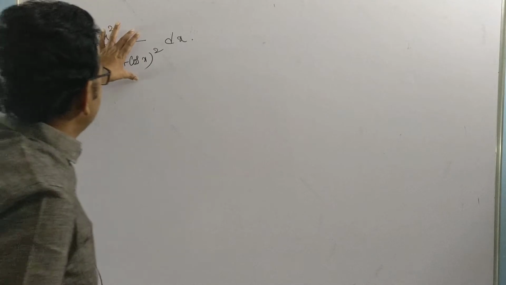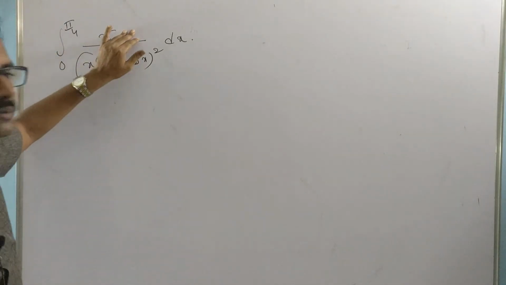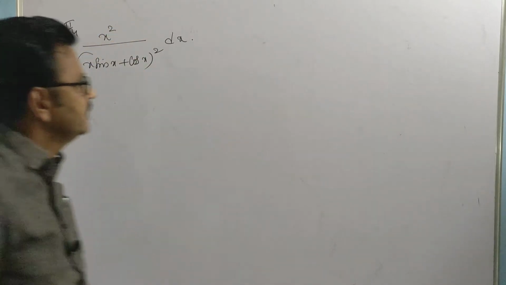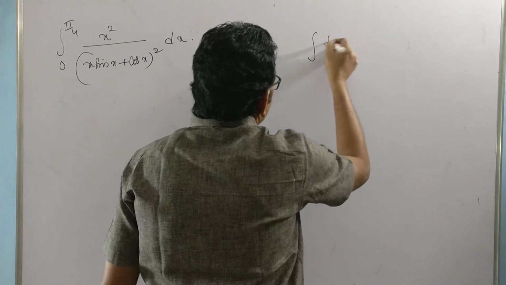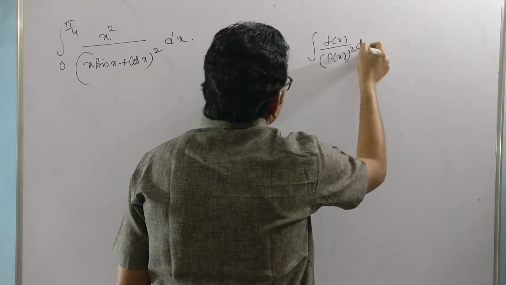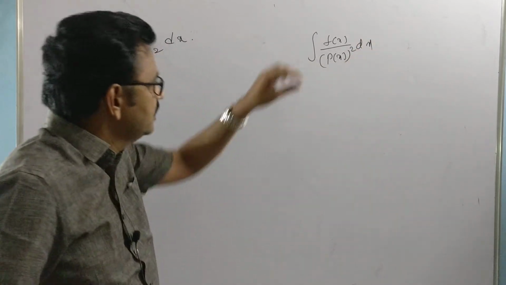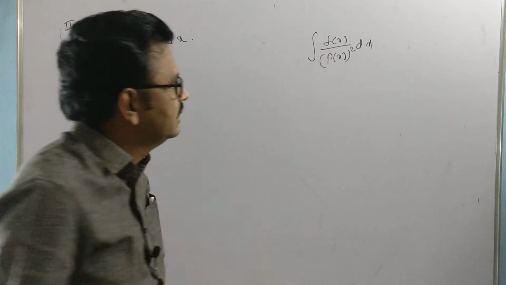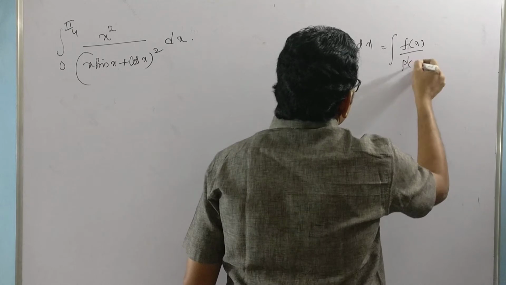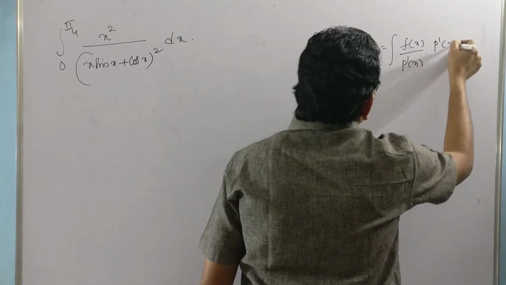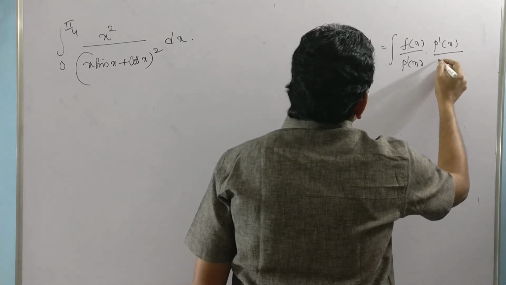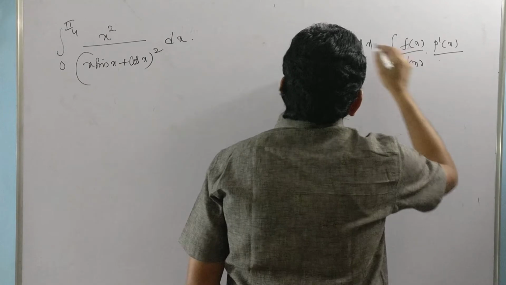In indefinite integration, we have done this type of problem. I think the same problem we discussed. If the integral is of the form f(x) by (p(x)) whole squared dx, sometimes we write it as the integral of f(x) by p'(x) into p'(x) by p(x) whole squared.